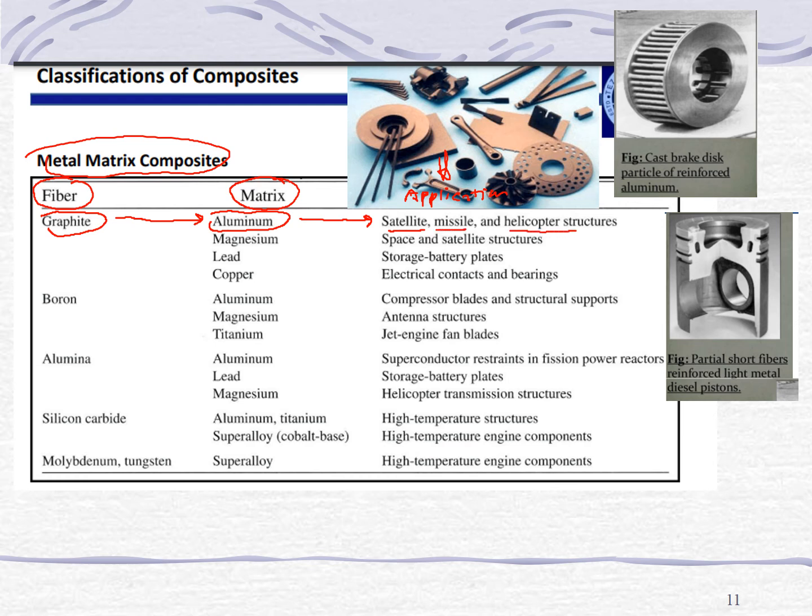And if you have, for example, alumina as the reinforcement, and then you add aluminum alloy, this composite can be used as the material for making superconductor restraints in fission power reactors.